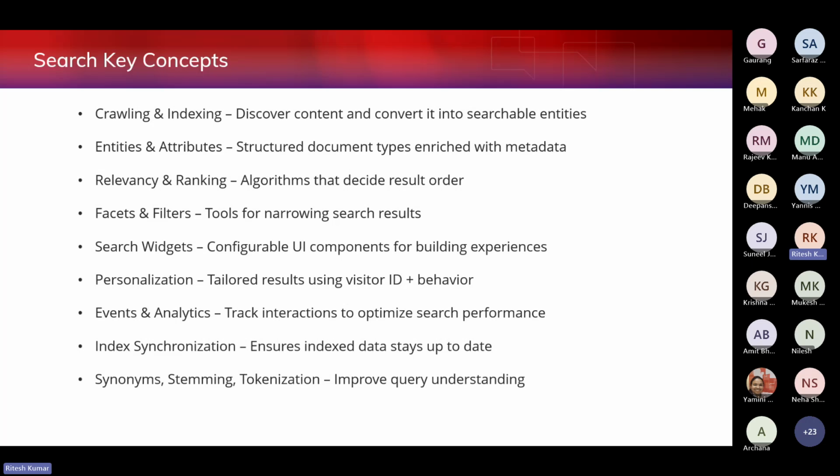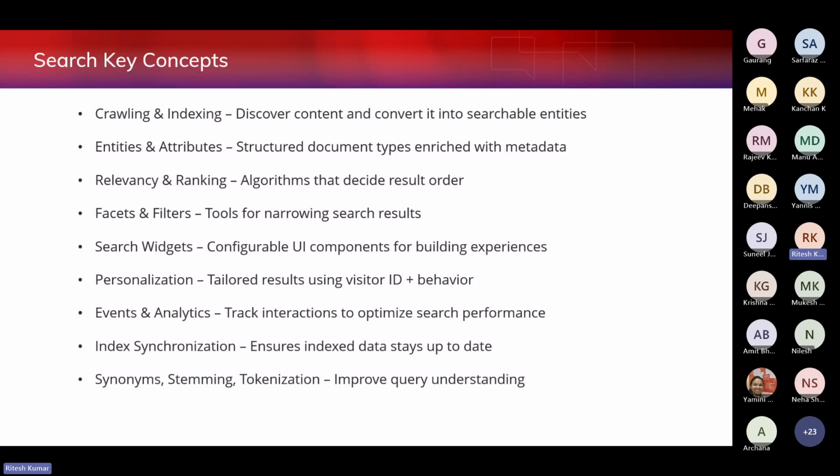Personalization, we all know by definition. Sitecore Search tracks a visitor ID and uses behavioral signals to personalize results per user. Every user gets assigned a visitor ID, and that visitor ID helps to track the behavior of the user, right?